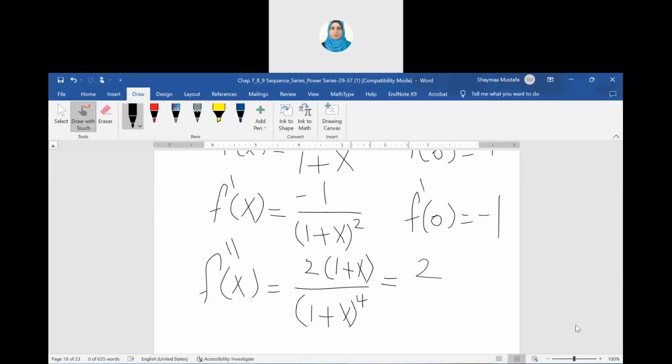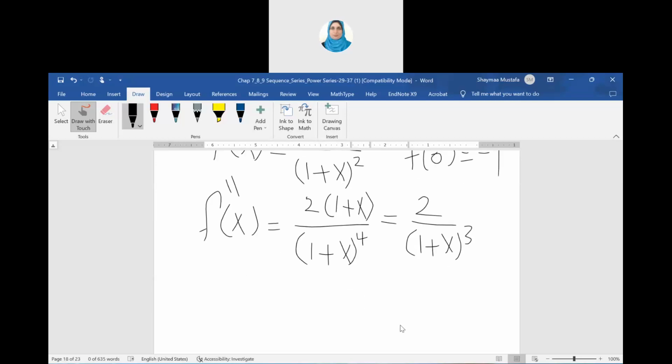So this one becomes 2 over 1 plus x to the power 3. We need to find the value at 0. F double prime of 0 is equal, substitute x by 0, which is 2.